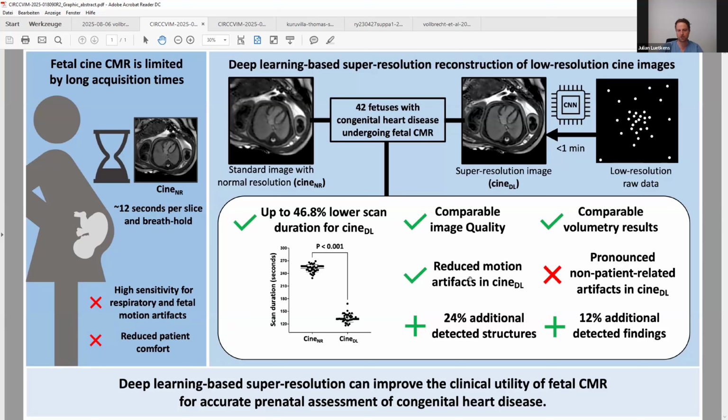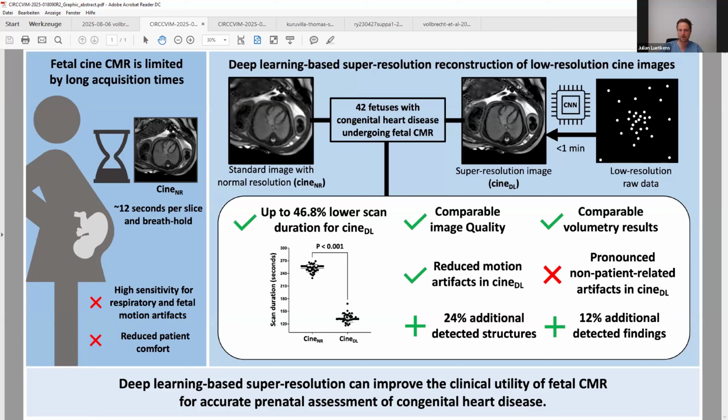Because of the reduced motion artifacts in these Cine stacks, we were able to see 24% additional structures like ventricles, valves, and arteries. And we also had 12% additional pathological findings in our cohort when we looked specifically at the super resolution images.